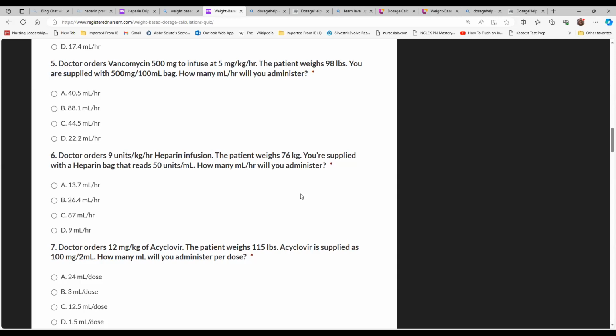That's part of the order, but do you need it for the equation? Yeah, I got C as well. Okay, so was everybody able to get to C?